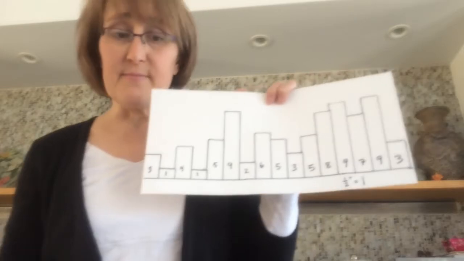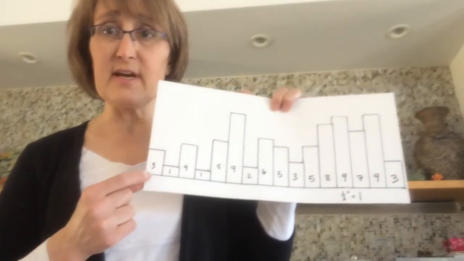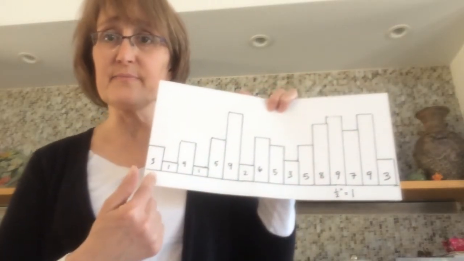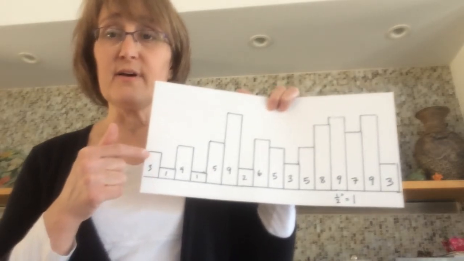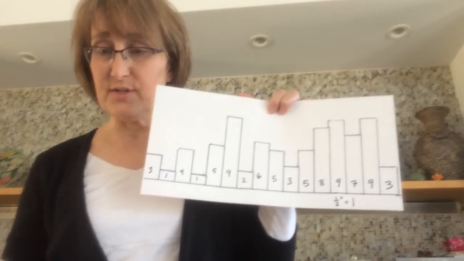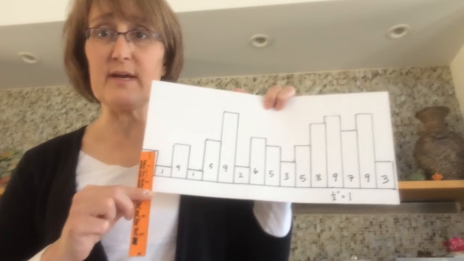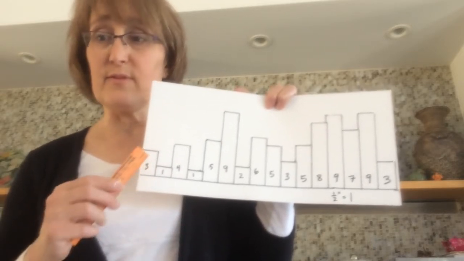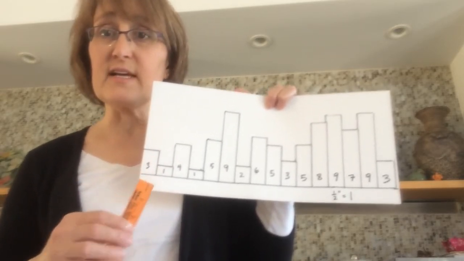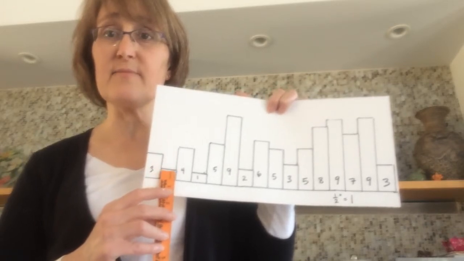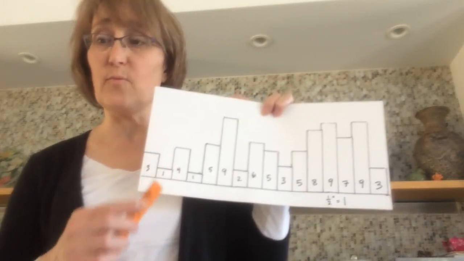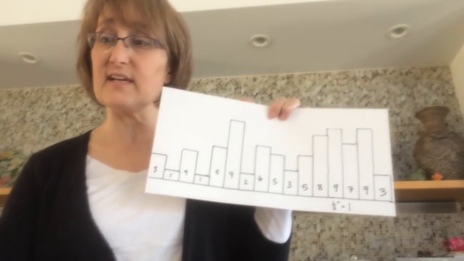And I started here, I made a ground line. I have 3 half-inch squares going up. The first number is 3. The next number is 1, and I have marked out 1 half-inch, and that is the second number.